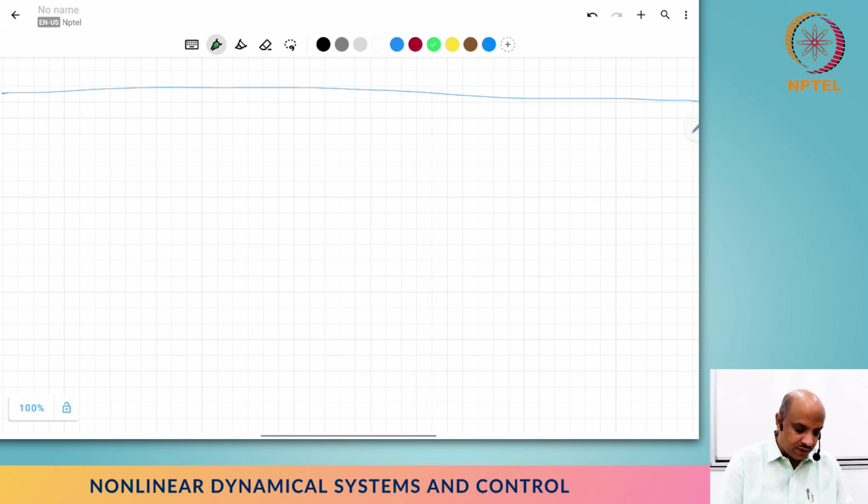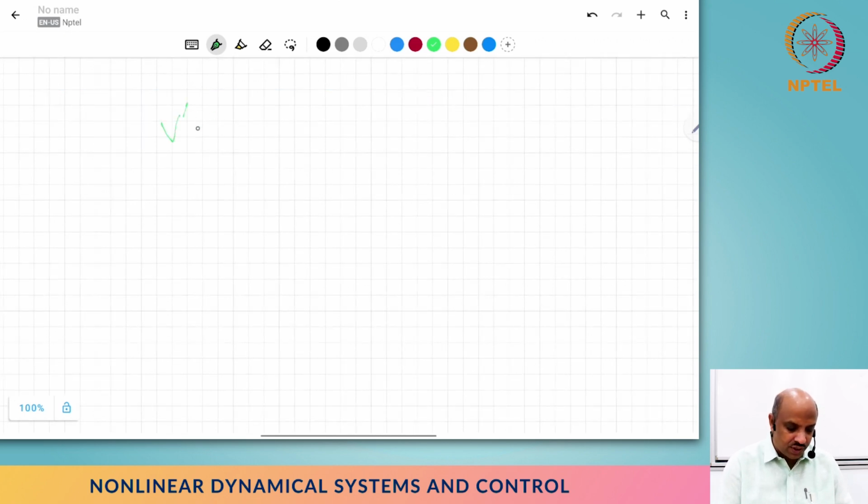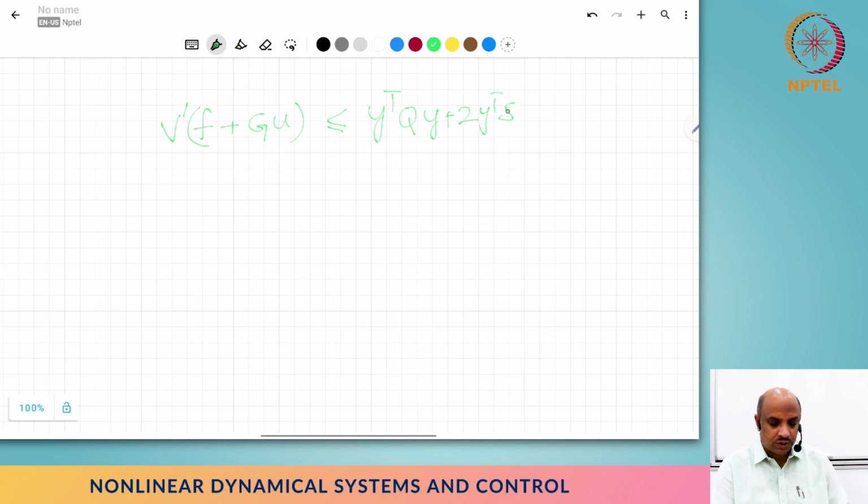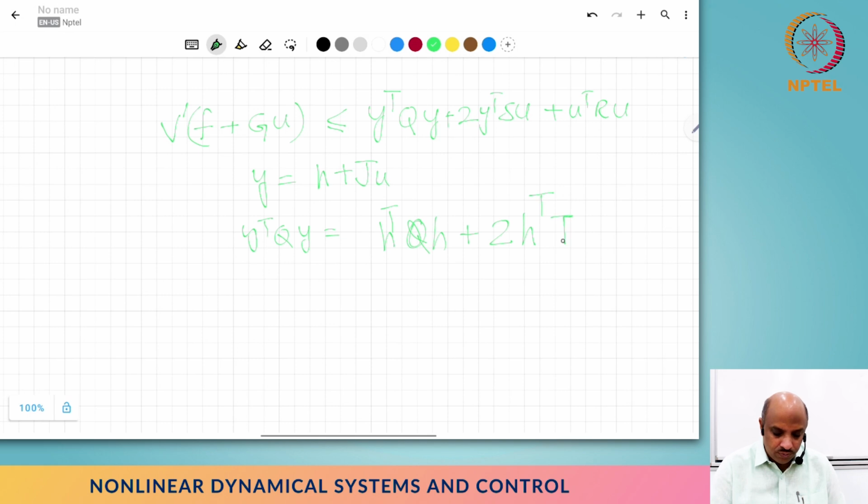So what we have here is V prime times f plus gu is less than or equal to y transpose Qy plus 2y transpose Su plus u transpose Ru. Y is h plus ju. So y transpose Qy, if I expand, is h transpose Qh plus 2 times h transpose Qju plus u transpose j transpose Qju.